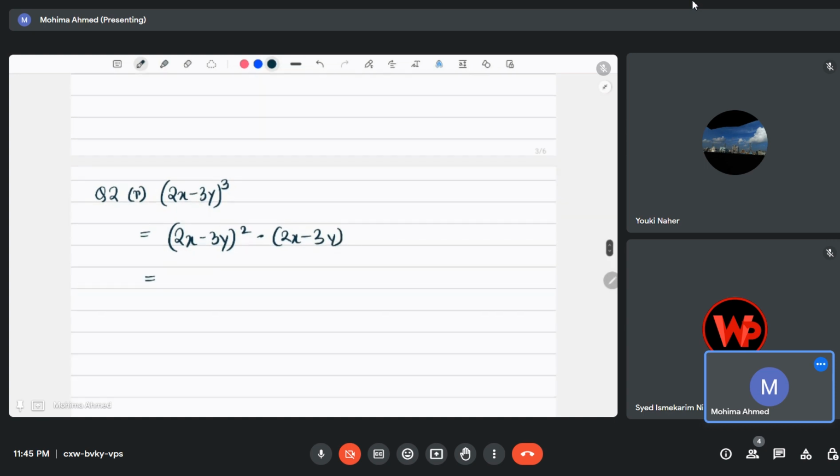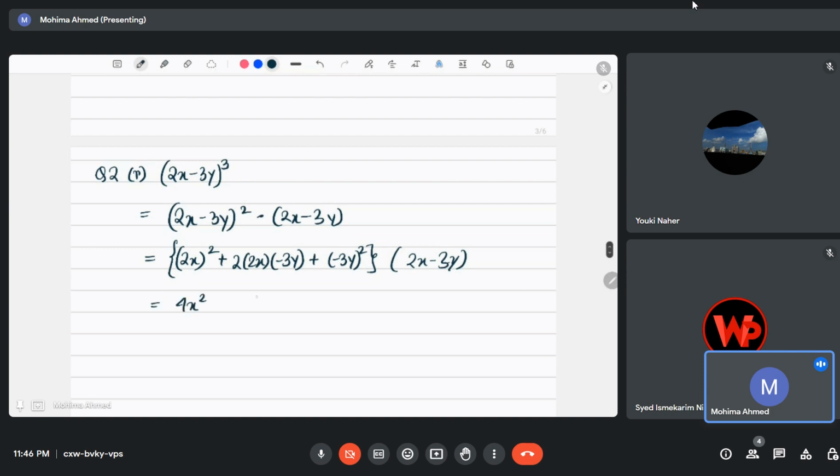So you can break down the front whole square in terms of a square minus 2ab plus b square, which is 2x whole square plus 2 times 2x times minus 3y plus minus 3y whole square, and further it is multiplied with 2x minus 3y.